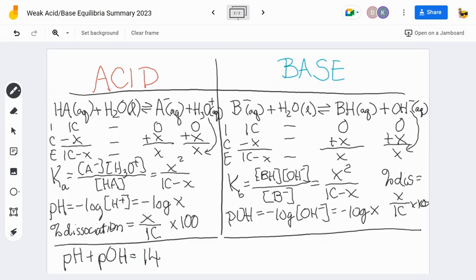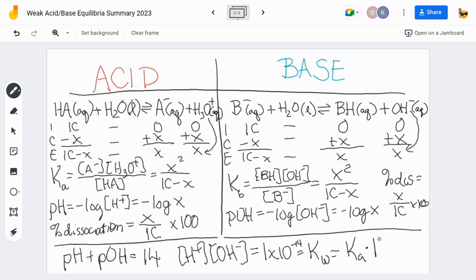And then the concentration of H plus or H3O plus times the concentration of OH minus is going to equal 1 times 10 to the minus 14, which is Kw, which is also the same as Ka times Kb. Remember, our caveat is that this is all talking about at 25 degrees Celsius.